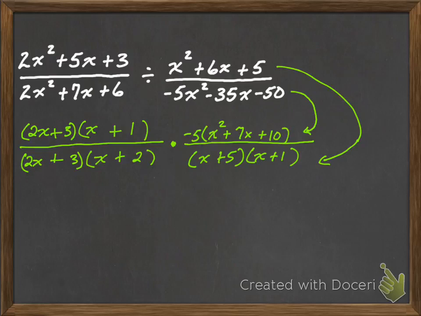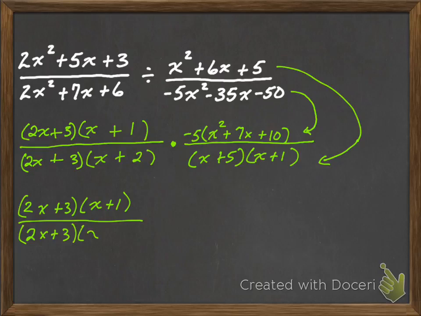Now, this will factor further, so let me write this whole thing real quick. All right, so this will factor down to x plus 5 times x plus 2.